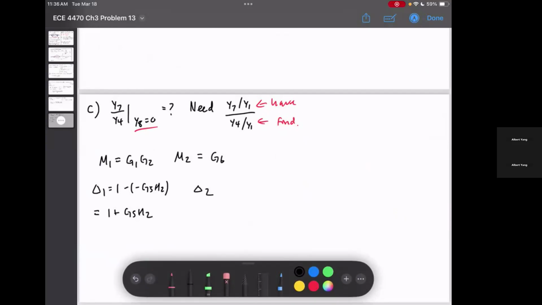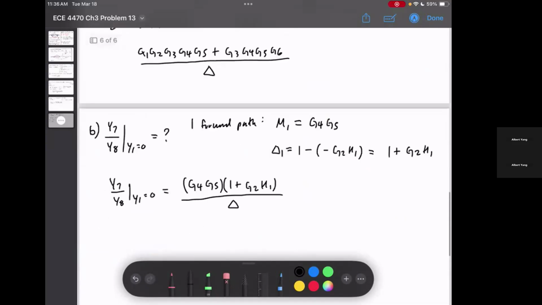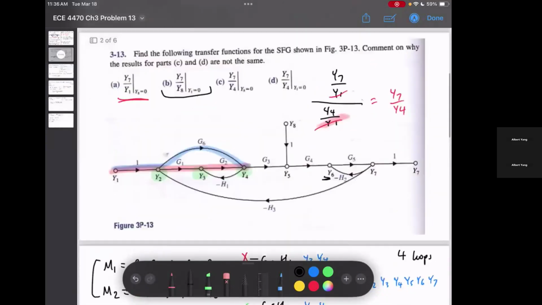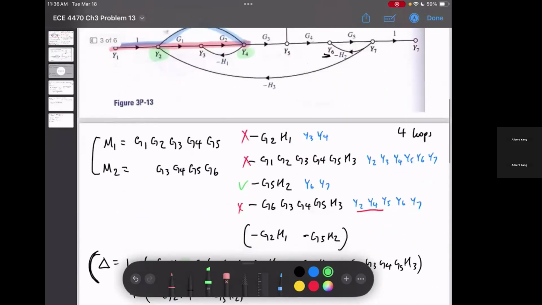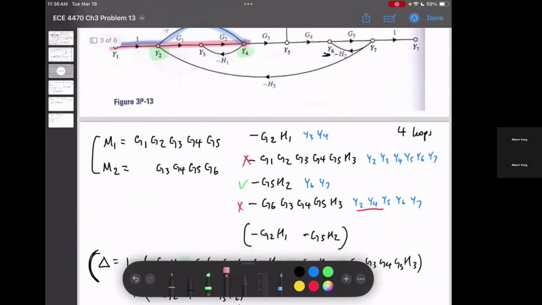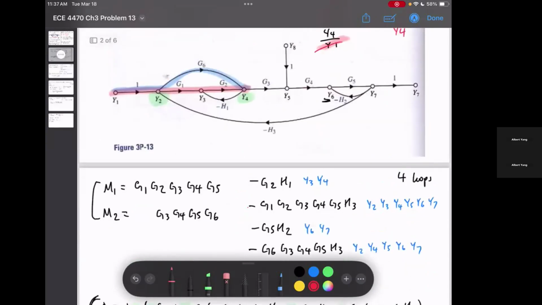Then the second determinant is going to be 1 minus, and we're going to look for G6. And G6 will have Y2 and Y4 nodes that we don't want. So let's check again. The first one has Y4, which shares this one here, Y4, so that one's out.